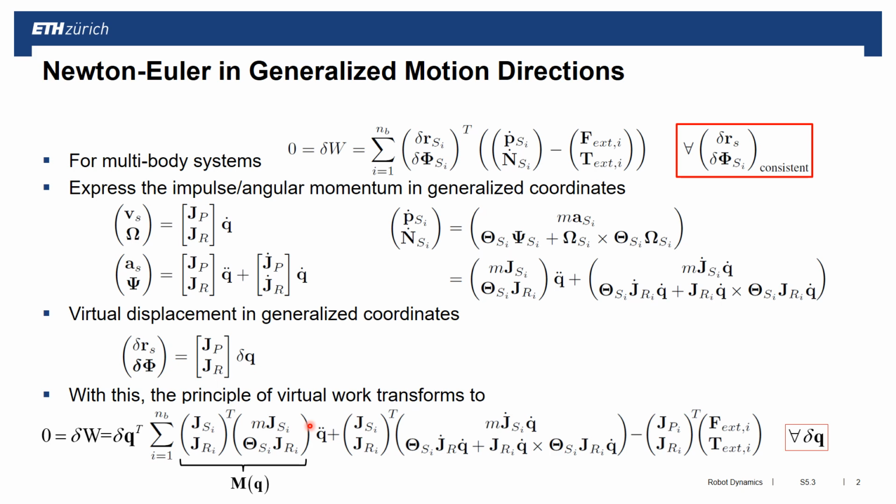And what we see in here are the individual components of the mass matrix, of Coriolis and centrifugal parts, and of gravitational parts. So something times acceleration, then this coupling term, which is depending on the configuration and on velocity, and then the gravity part with the external forces being m times g.